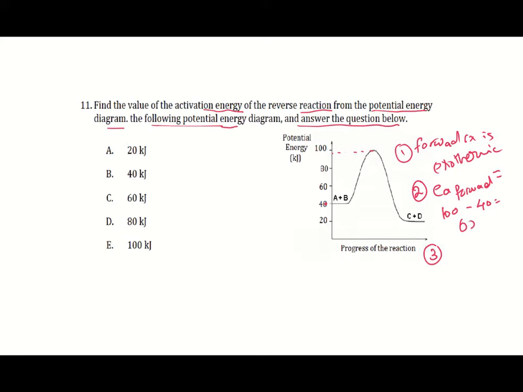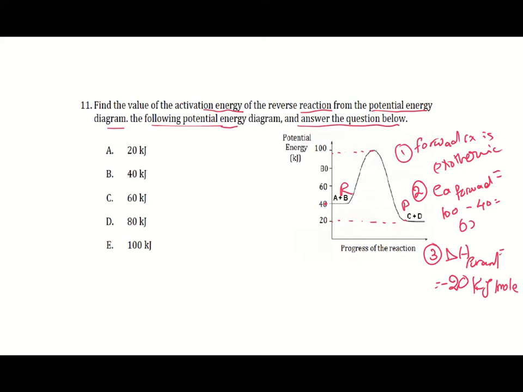Third, the enthalpy change of the forward reaction, which is the distance between reactants and products: 40 minus 20 equals 20, or minus 20 kilojoule per mole.